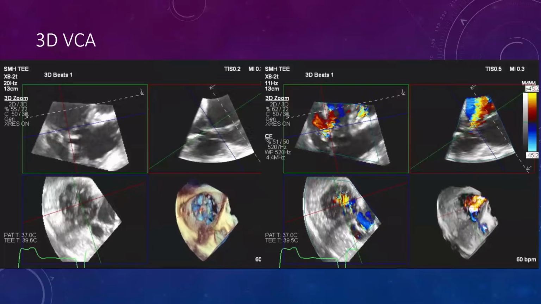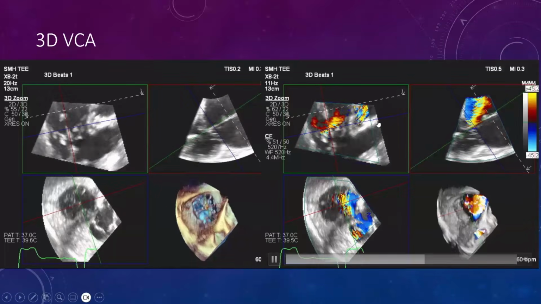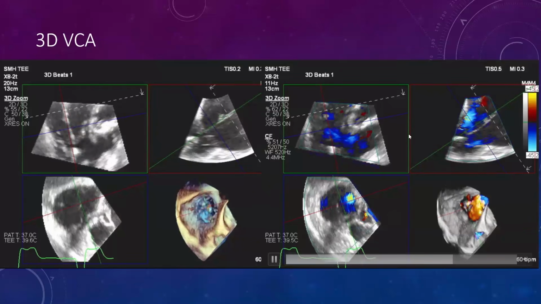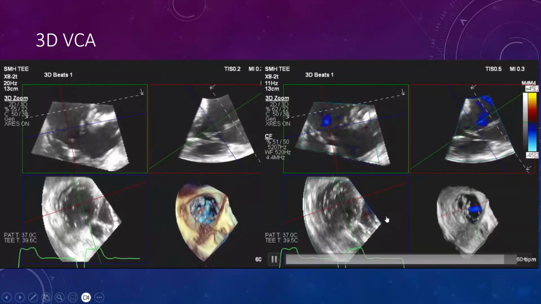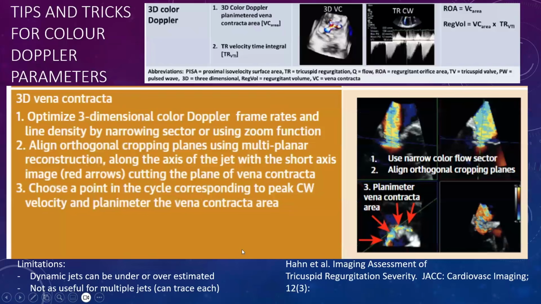And then this is just an example of the 3D vena contracta area. So you get your 3D image, you turn the color on, then you get aligned, and this is not good. But luckily we only have a few minutes left, so hopefully we should be okay. You align with your vena contracta area and then freeze your image, as I'll show on the next picture here, and then you kind of trace the vena contracta area in color.